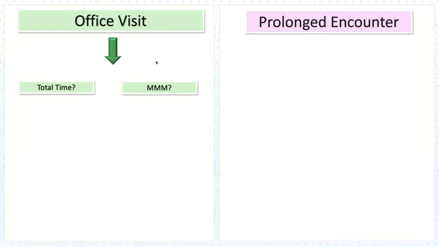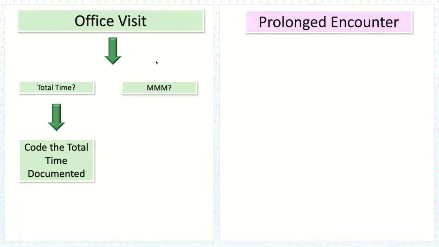MMM is the acronym for medically appropriate history, medically appropriate exam, and medical decision making. So let's start with total time. If we're going to consider based on total time, all you need to do is just code the total time documented.